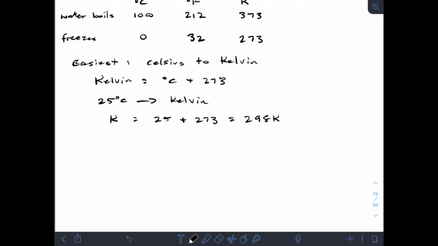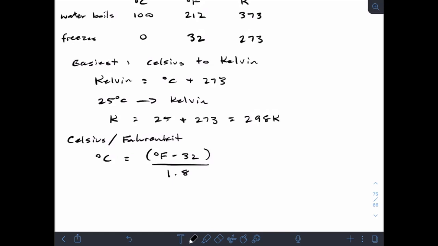Celsius and Fahrenheit is a bit trickier. Celsius-Fahrenheit conversions require equations. If you want to know the temperature in Celsius, your equation looks like this: you have your degrees Fahrenheit minus 32, and all of that divided by 1.8.